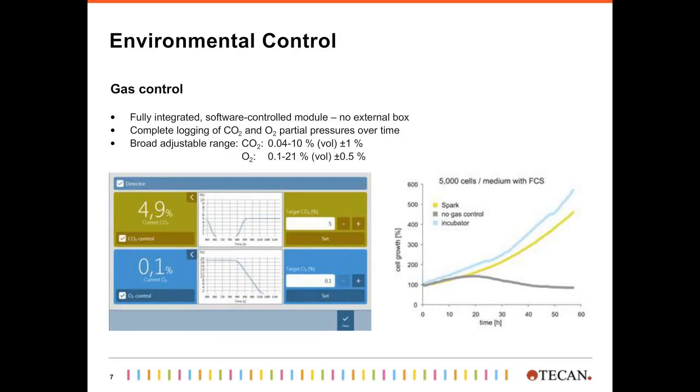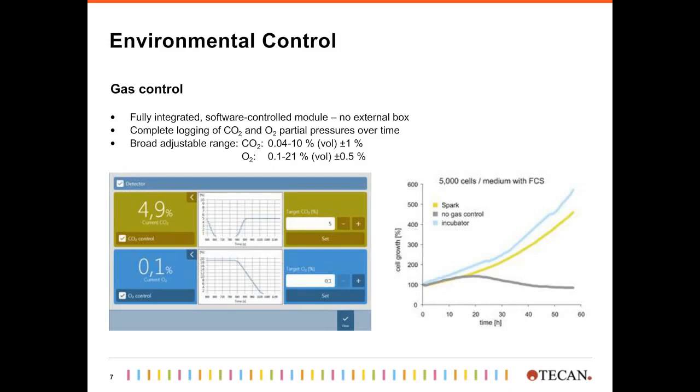The second important element when it comes to environmental control implemented in the reader is gas control. So we can control the CO2 and O2 level inside the plate transport chamber very accurately and in a very broad range. It's all fully integrated in the system, and everything is fully controllable via the Spark control software, which is the reader control software of the system.